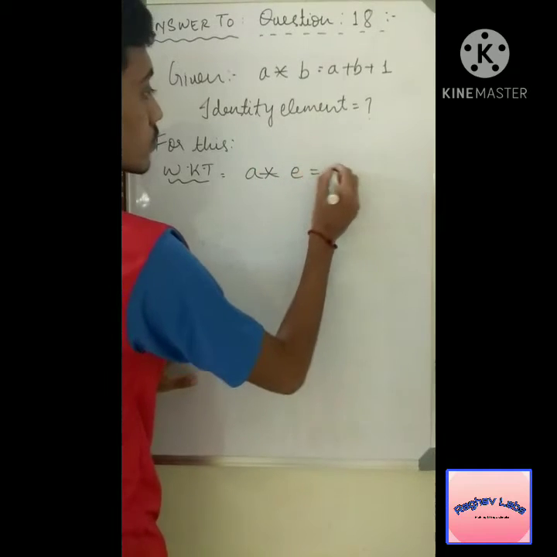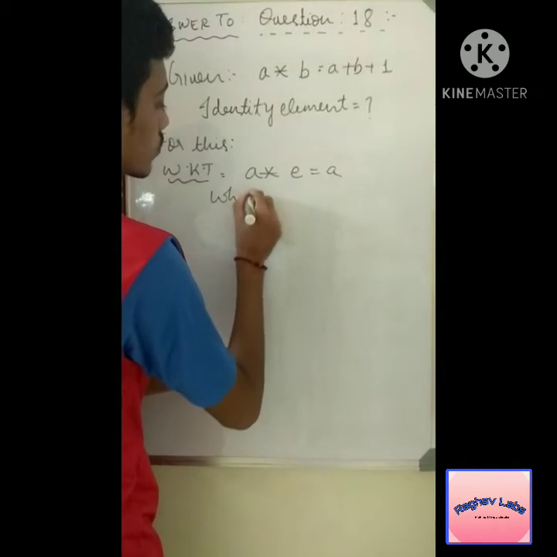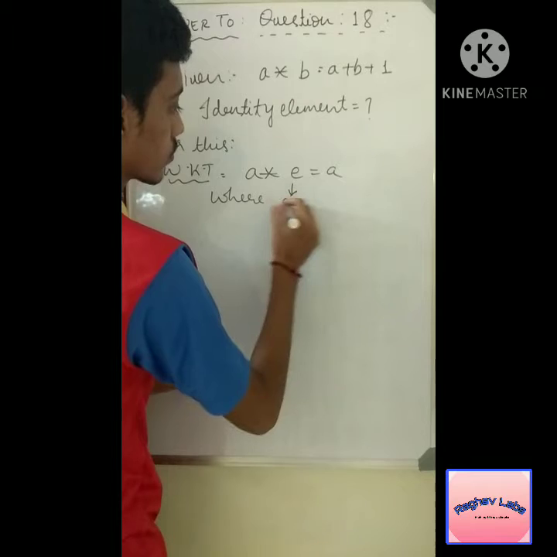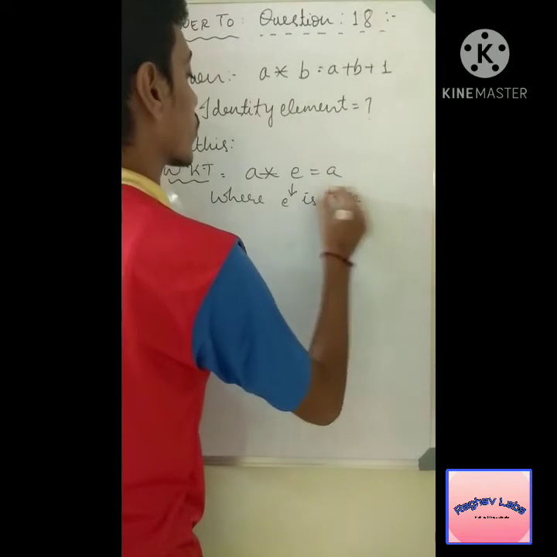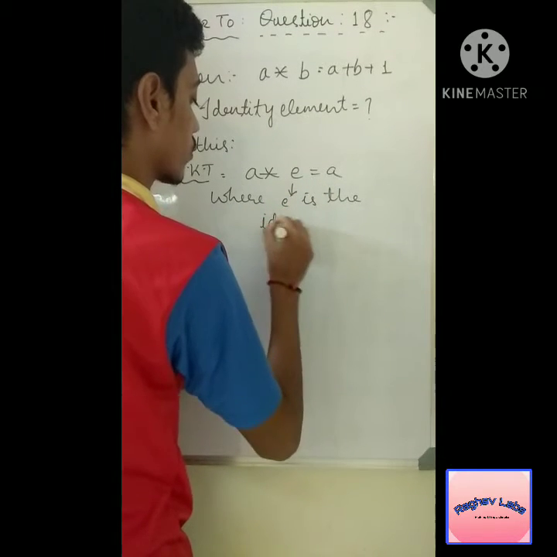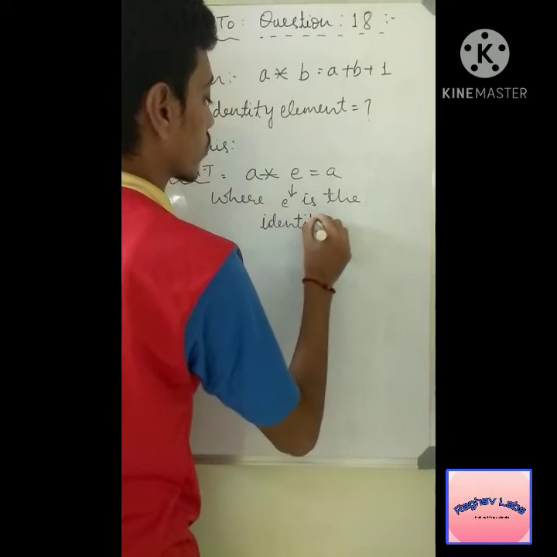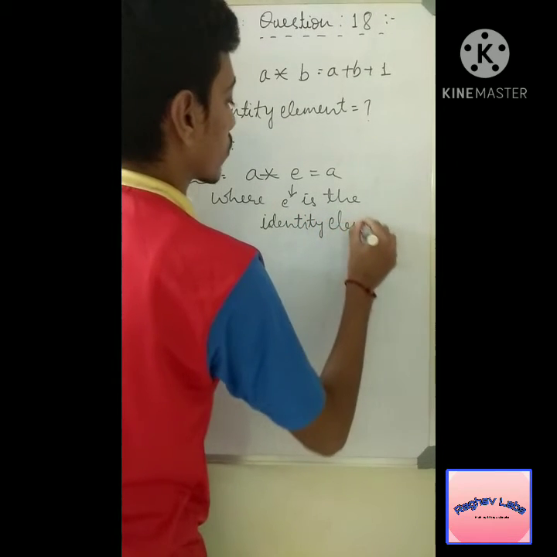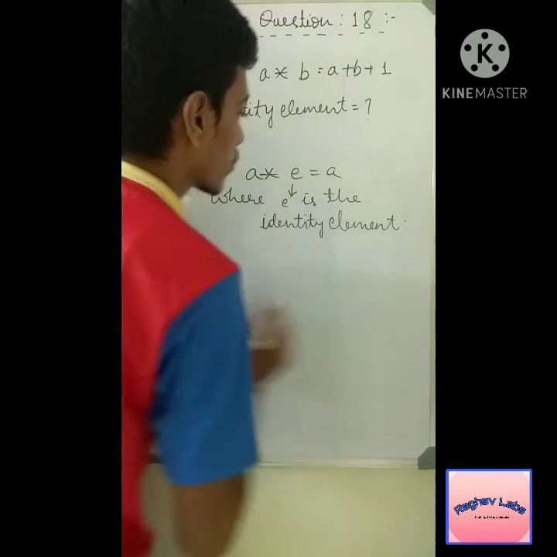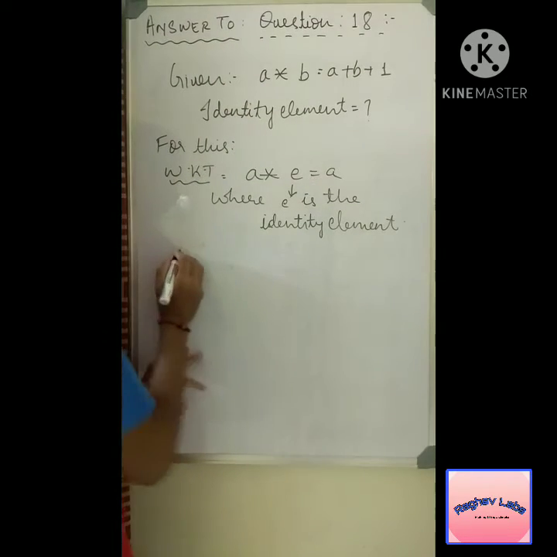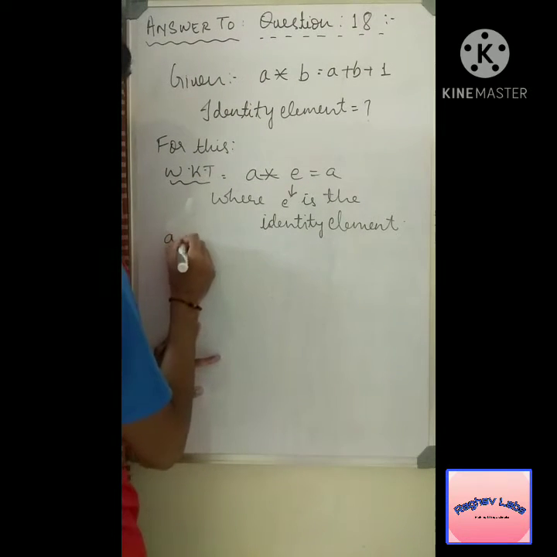We know that A star E is equal to A, where E is the identity. So let's substitute A star E is equal to A in the given equation.